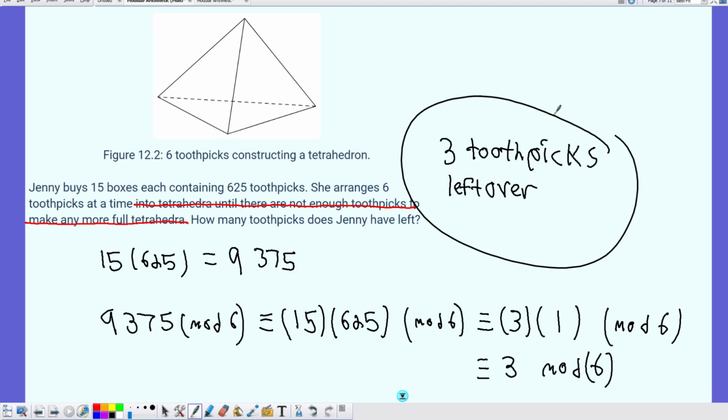And we have turned a potentially complicated problem with messy division with a number like 9,375 into a relatively simple and easy to work with problem, which is the core of all modular arithmetic, simplifying all the work we could possibly be doing.